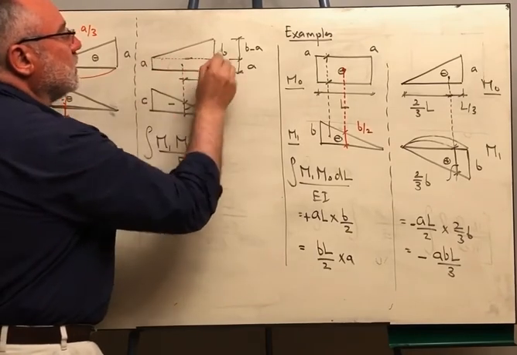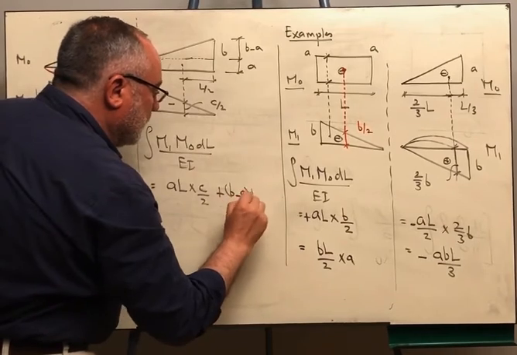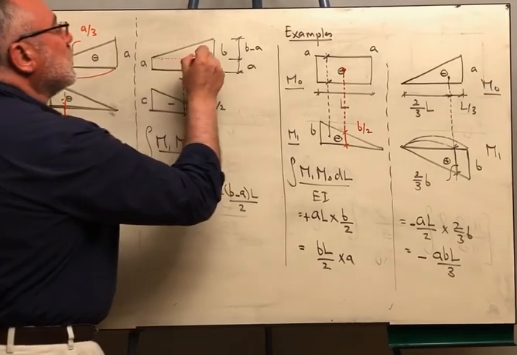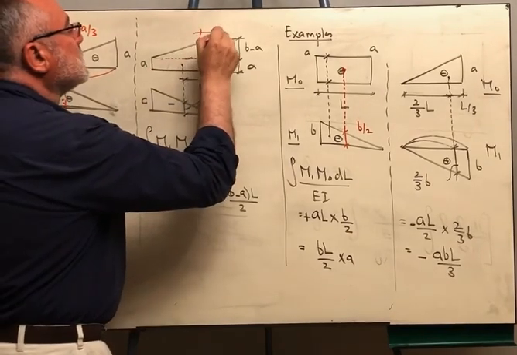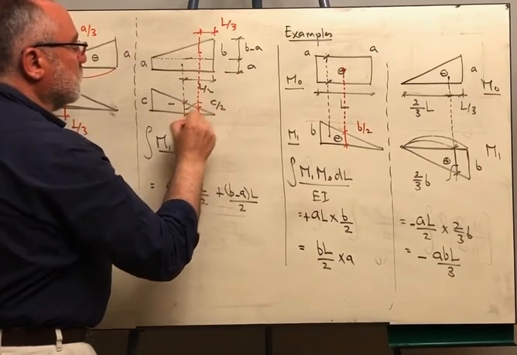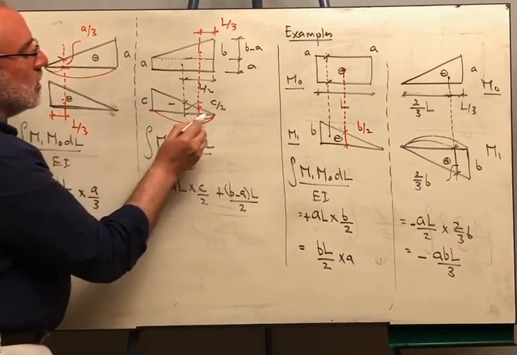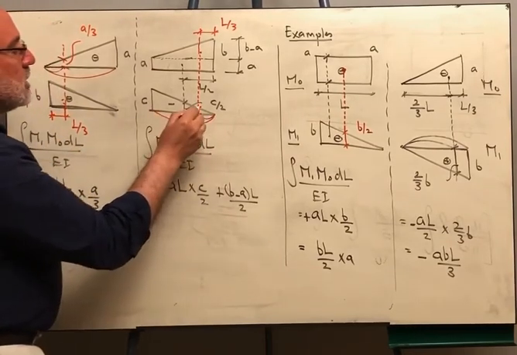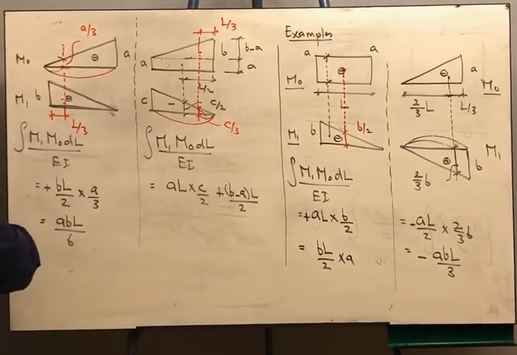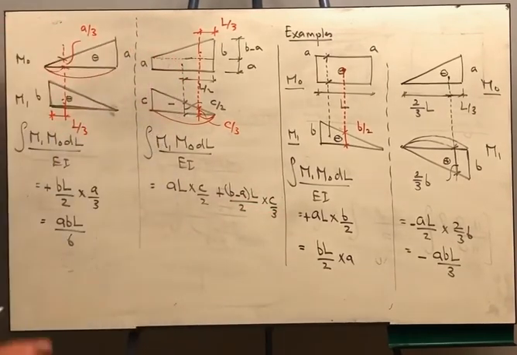The remaining triangle will be plus (B minus A) L over 2 multiplied by, the centroid here is at 1/3 base. So you want to get the respective ordinate. This distance is L over 3 and this distance is L. So L over 3 over L is equal to the ordinate over C. So this value is C over 3. So this should be multiplied by C over 3.